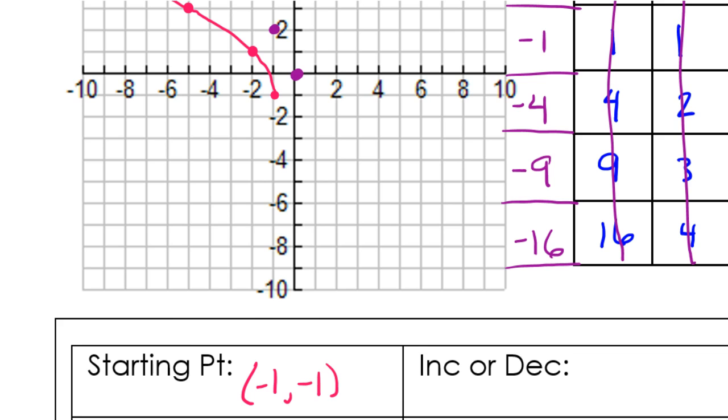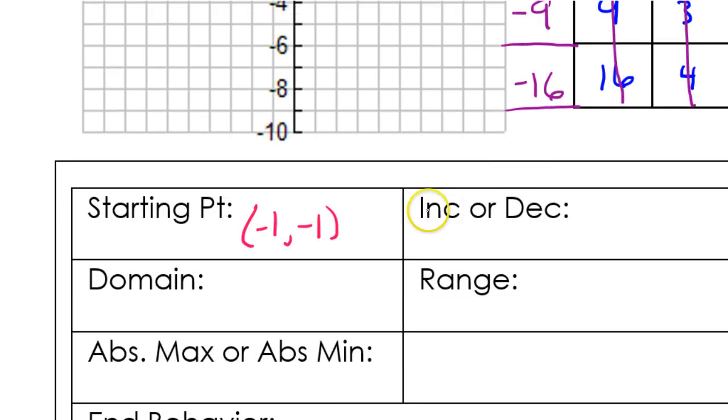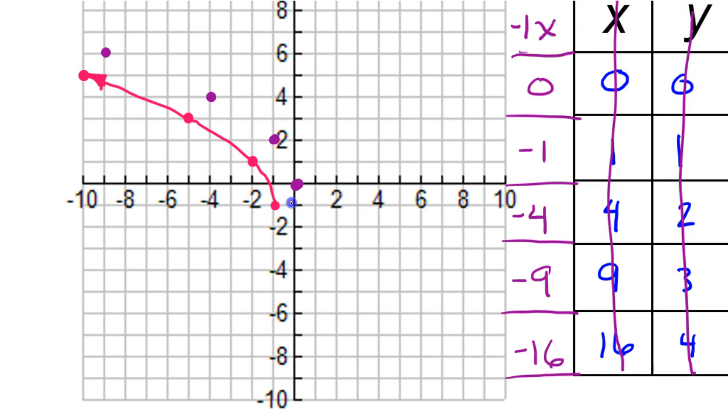Is it increasing or decreasing? Remember, when you talk about increasing or decreasing, you read it from left to right. So from left to right, this is going downhill. So that's decreasing. Okay, the domain. The domain is x values, left to right.